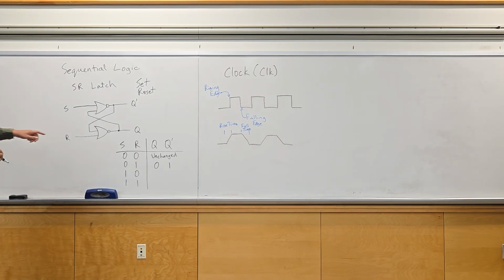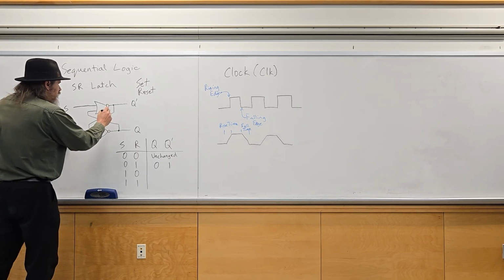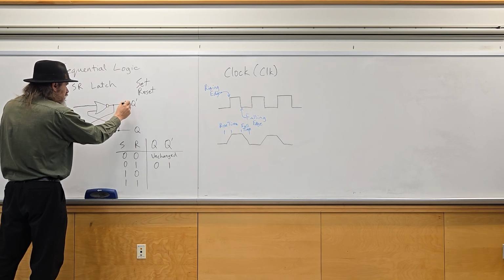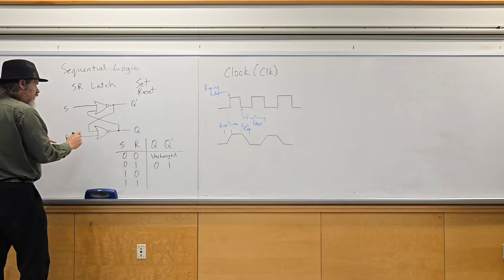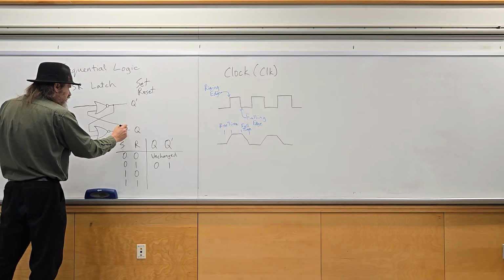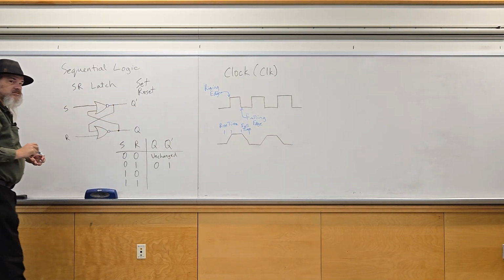If R goes back to 0, the 1 on Q prime will feed back into here. 1 and 0 on the NOR gate is a 0, which keeps this a 0. This is 0, this is 0, keeps that as a 1.